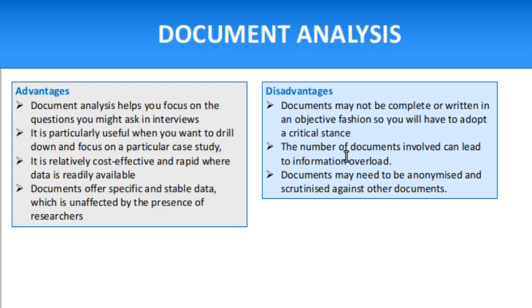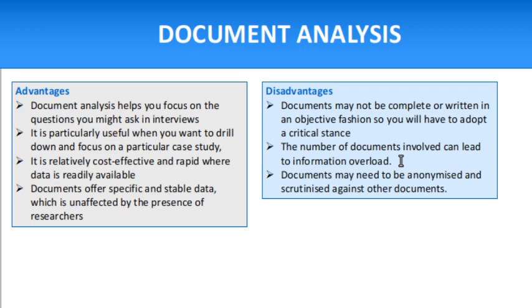So many times it happens that during document analysis, we find that documentation is there, but the documentation is not signed or agreed between the two parties. Then another disadvantage is that there are lots of documents involved. For example, the scope document has 5 versions, the project management plan has 3 versions, the wireframes have 2 versions.